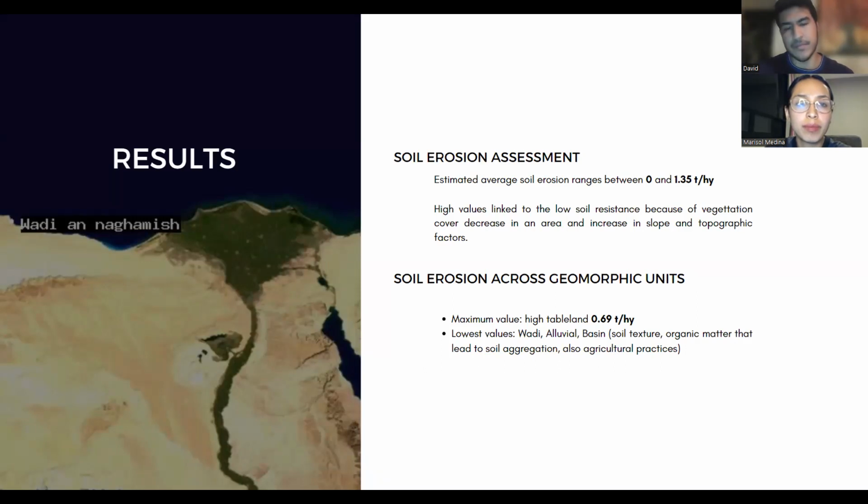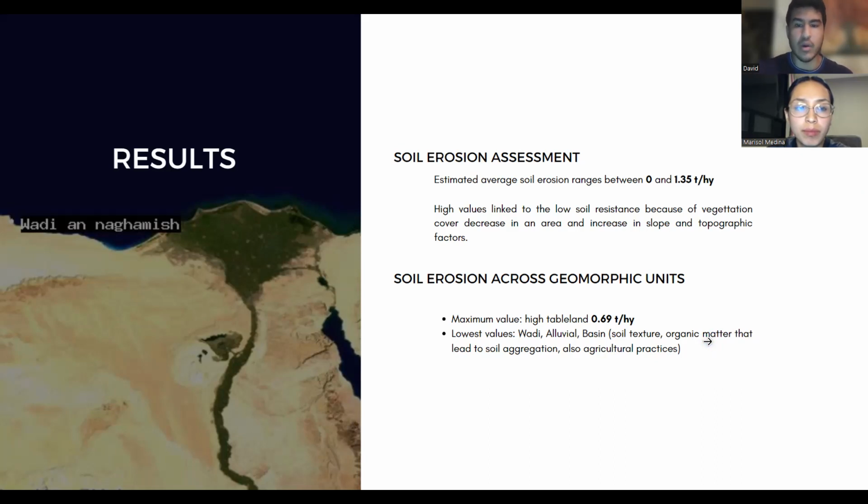So as the results here are explained, the maximum values were found in the high tableland where the most soil erosion is happening. This is the highest value, about 0.69 tons per hectare per year that are lost, which is a lot.